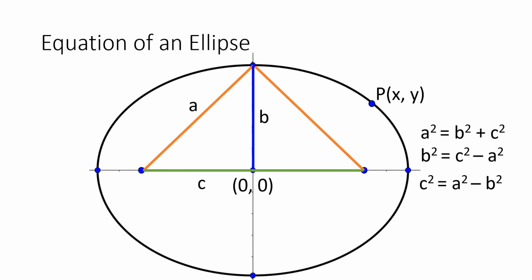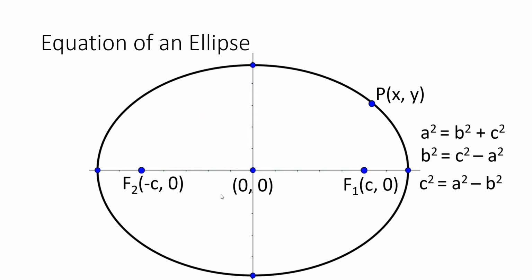And since we have letter C, the distance from the center going to the focus, this point, let's say F sub 1, has the coordinates (C, 0). And the other one, F sub 2, has coordinates (negative C, 0).